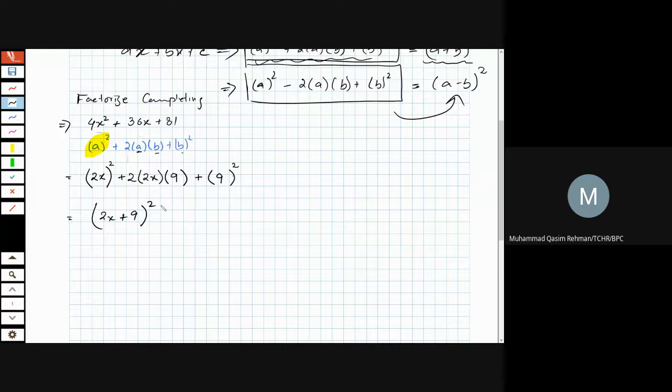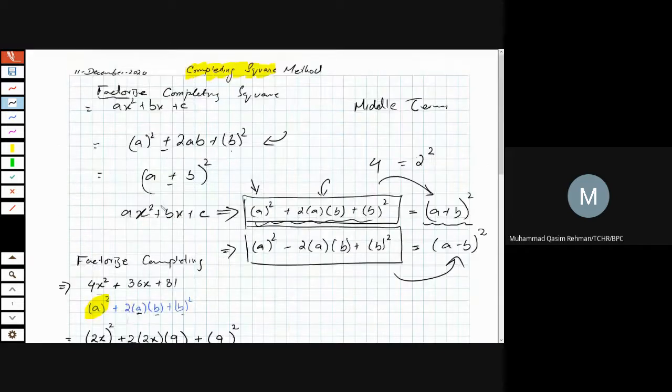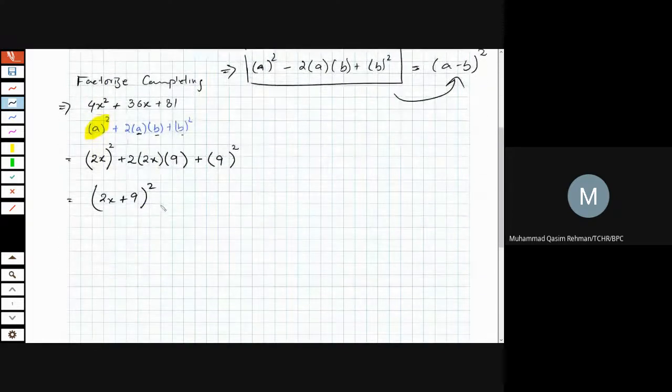Remember, not all quadratic equations or expressions can be factorized completely by using a completing square method. So that is why I told you in the beginning, whenever you get a question and the question says factorize, do not jump to the completing square method. First of all, just simply go for the middle term breaking method.